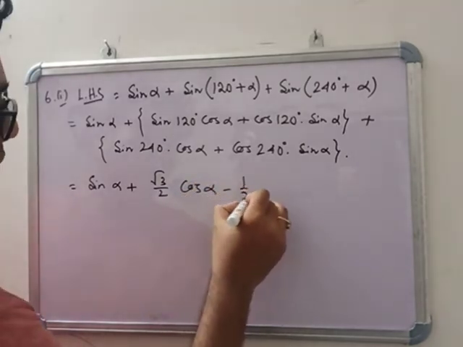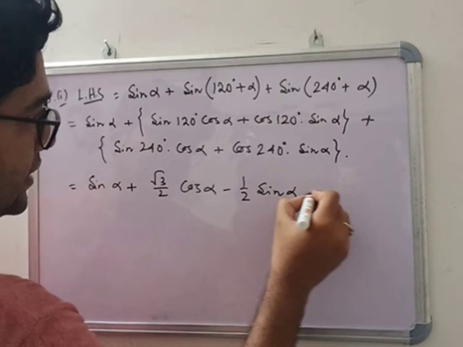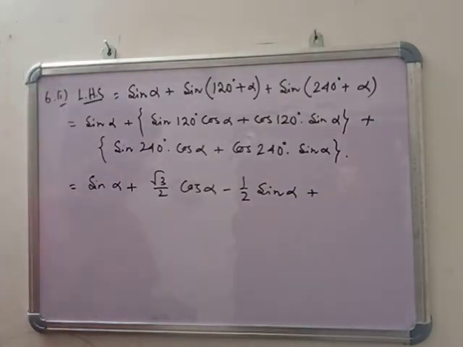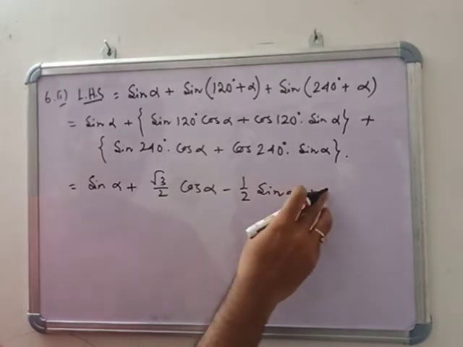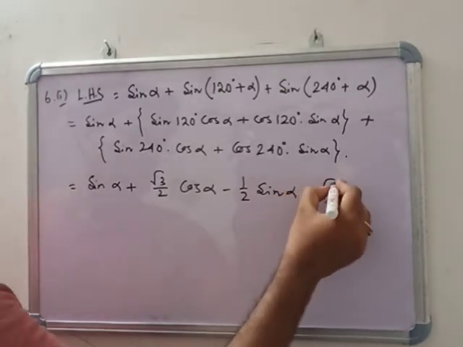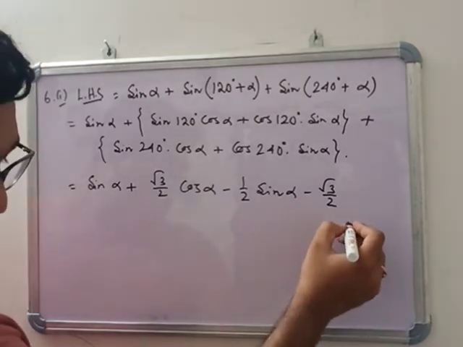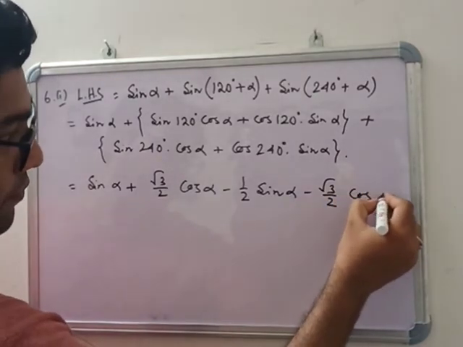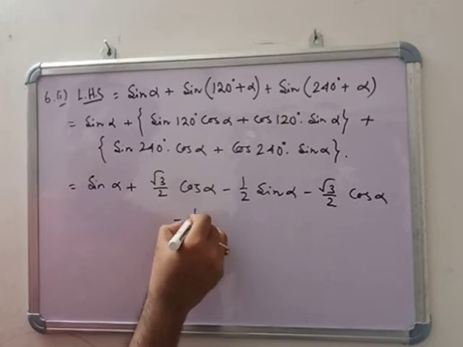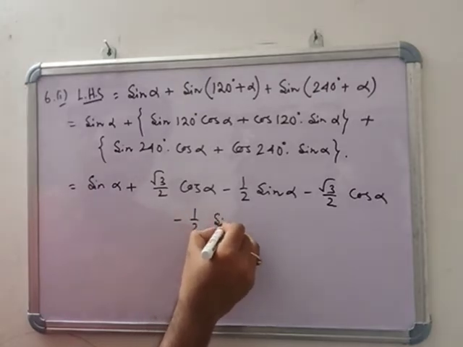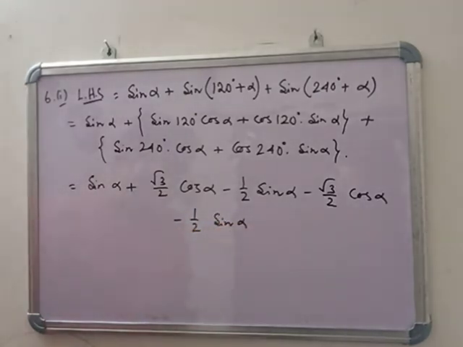So root 3 by 2 cos alpha minus 1 by 2 sin alpha plus minus root 3 by 2 cos alpha minus 1 by 2 sin alpha. Okay.